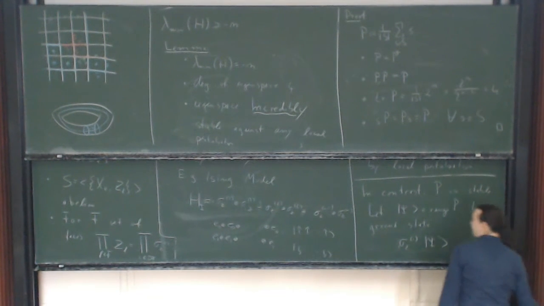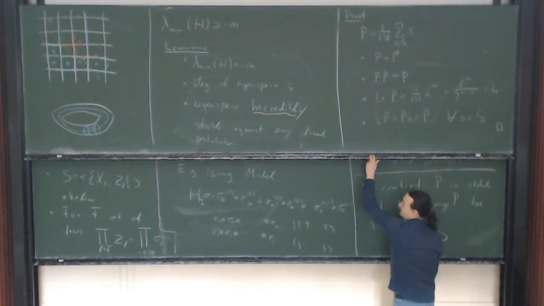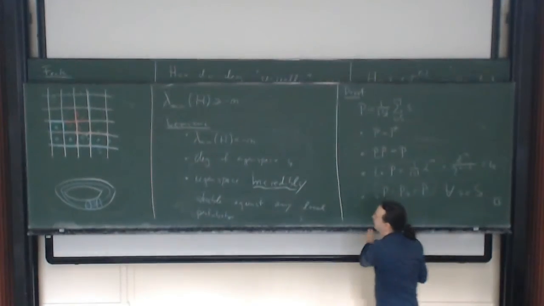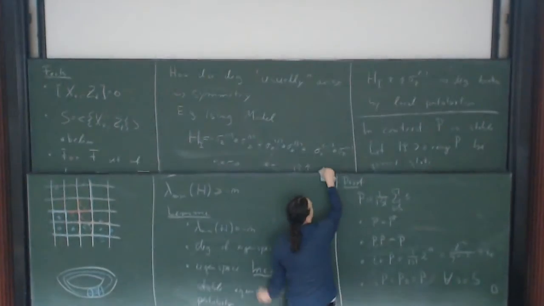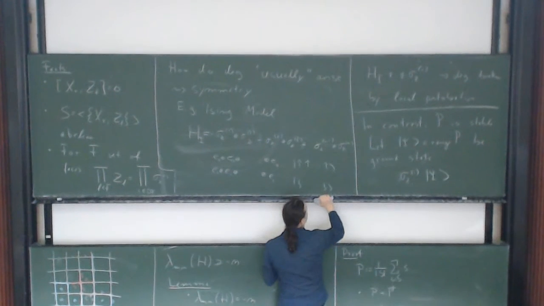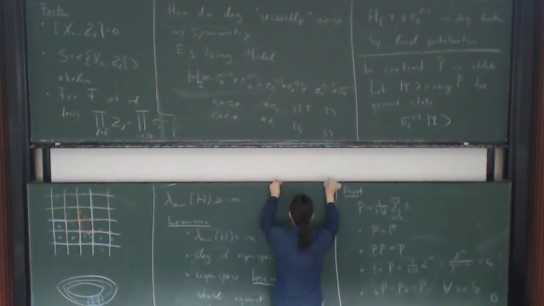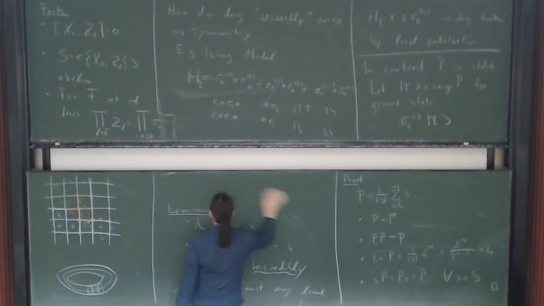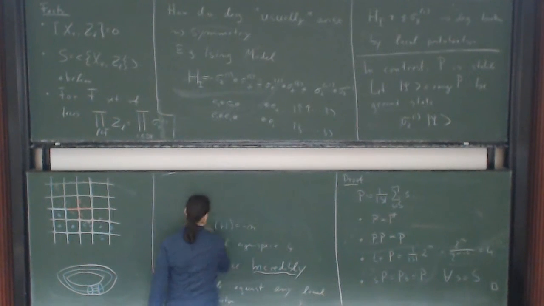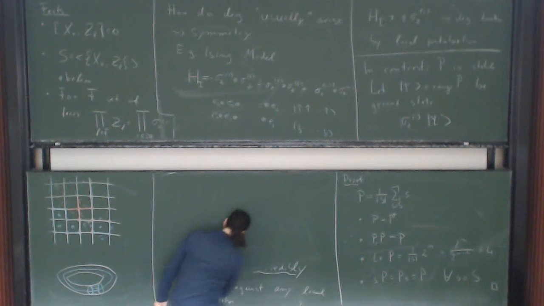This will turn out to be, again, an eigenvector of the Hamiltonian, but it will be one of higher energy.